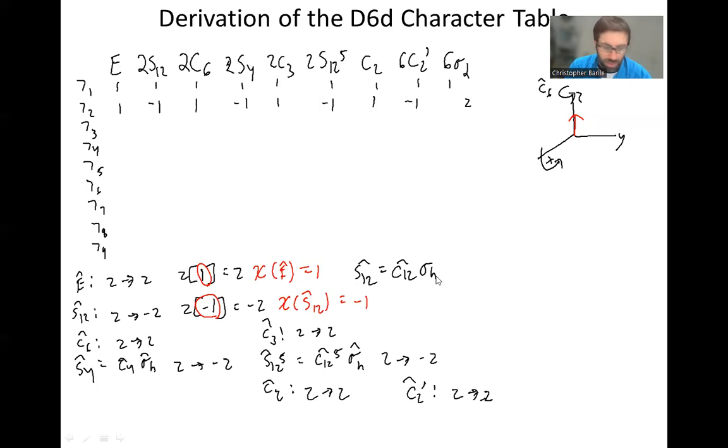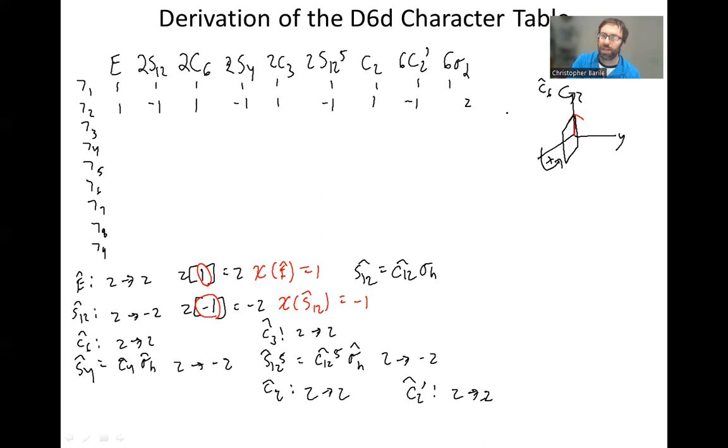And then our last one is just to look at a sigma d. And the important thing here is to remember that all the sigma d's contain the z vector. The sigma d's are actually going to bisect two perpendicular C2s. That's why they're d's and not v's. Vertical mirror planes, they're not. They are dihedral mirror planes with a d. But that doesn't actually really matter in this case. We don't have to visualize that.